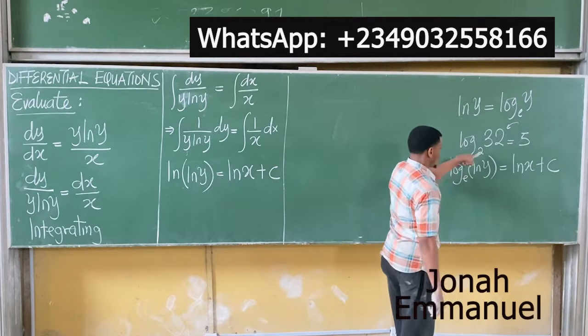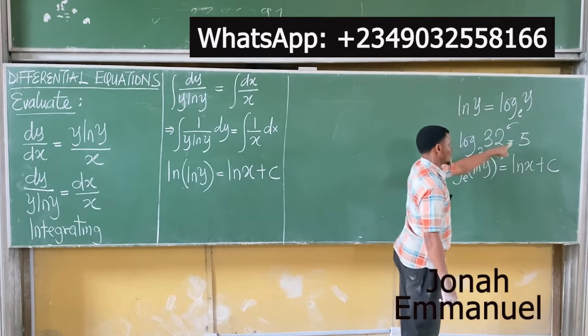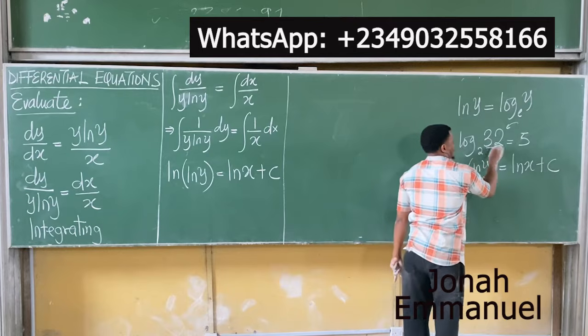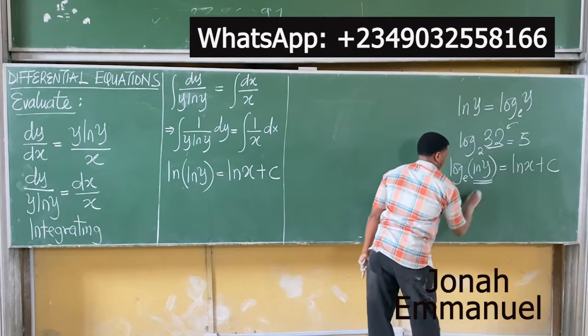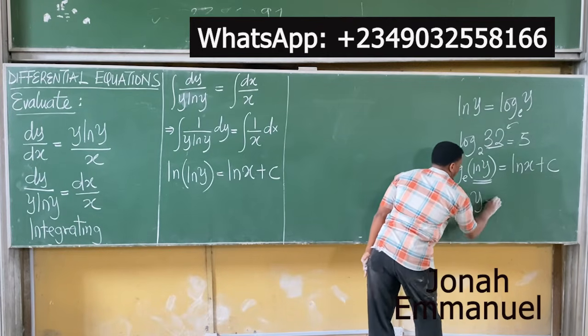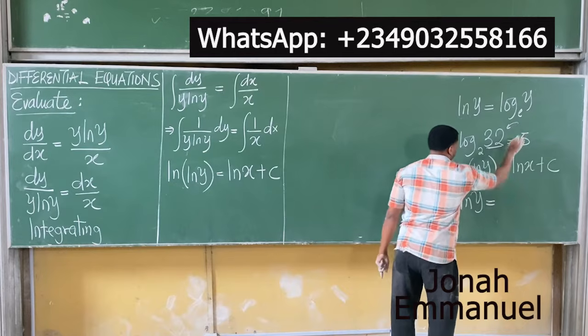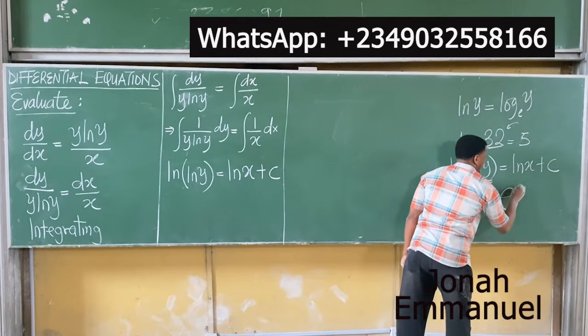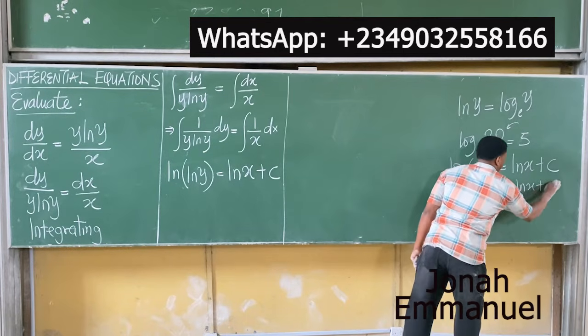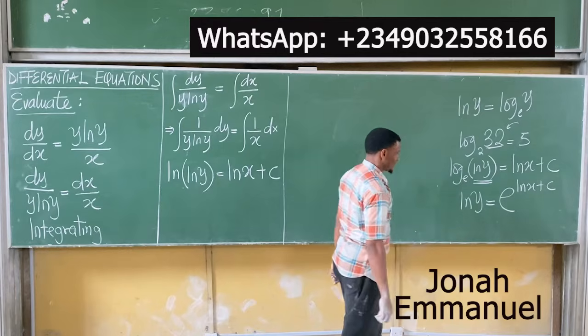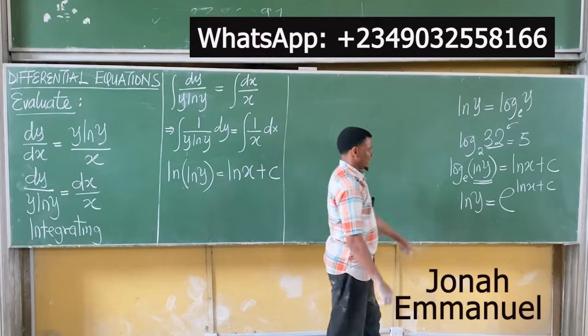So we said 2 to the power 5 is equal to 32. Likewise, ln y is simply equal to e to the power of ln x plus c. I have this, but we still have ln y here.